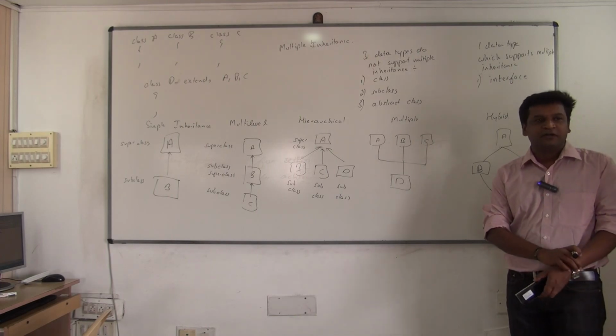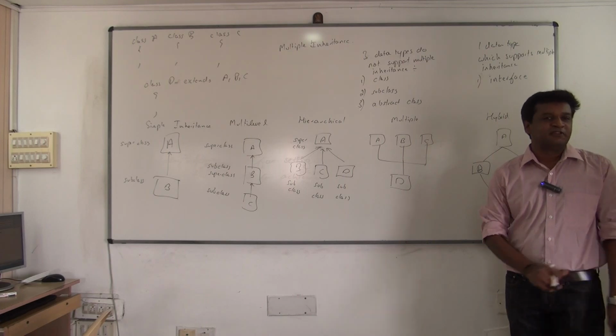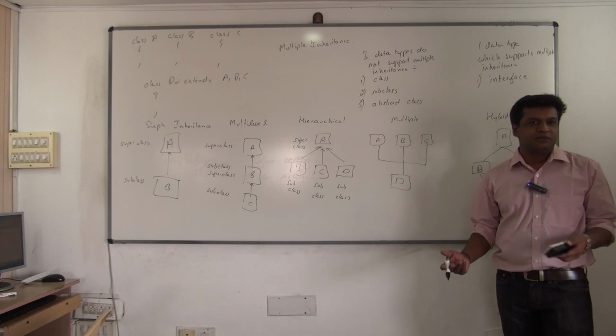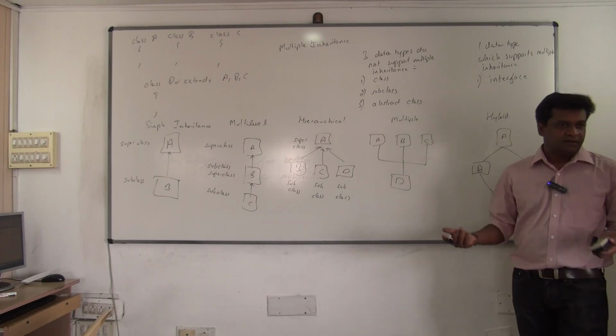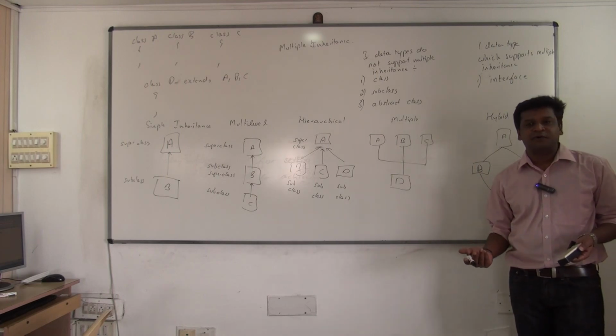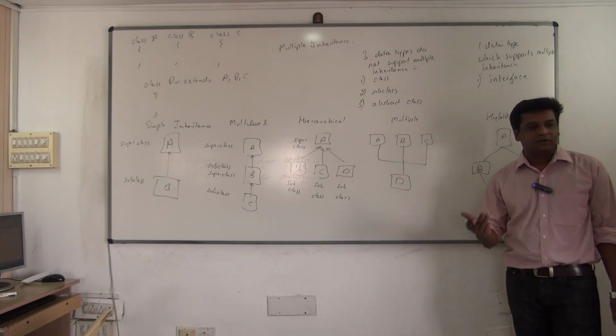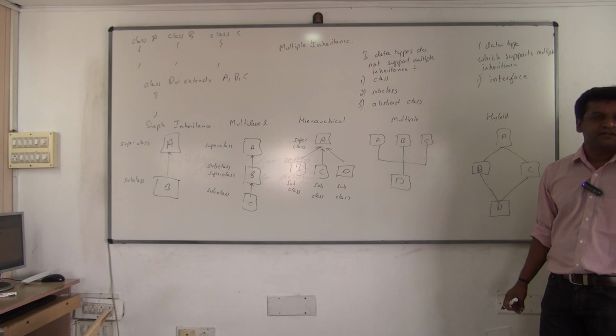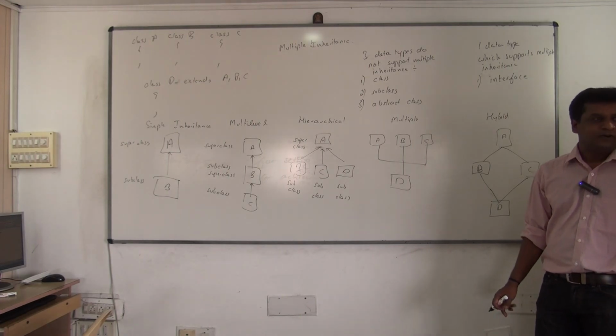Once this is over, we'll see the differences between all these four data types and compare them, so we understand clearly which data type to use when. We'll go with multiple inheritance now.